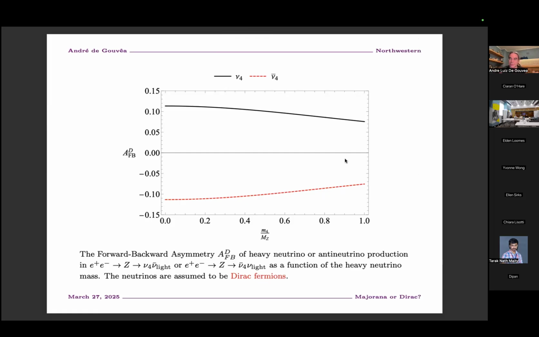If you've ever seen these constraints, which unfortunately I don't have handy, there's a very famous DELPHI constraint in the mixing parameter versus mass plane that is very deep and restricted to this tens of GeV kind of mass. Once the mass becomes too light, the HNL is indistinguishable from neutrinos, so you can't see them.